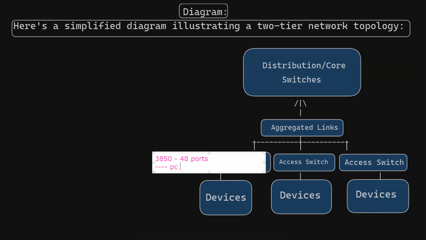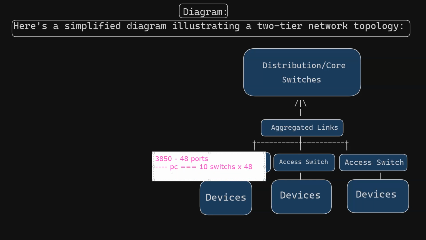So you have these switches working as access switches. Now, here's the problem. Suppose I have 10 switches, for example, and one interface is 1 gig of speed. So you have 48 ports.